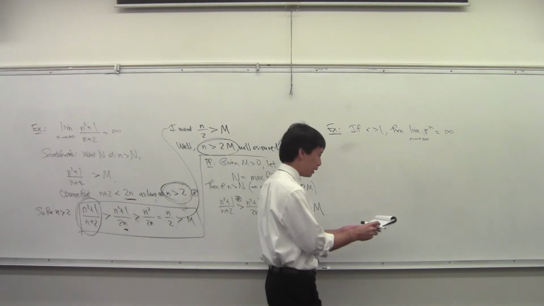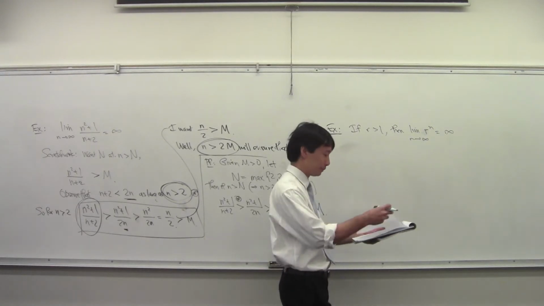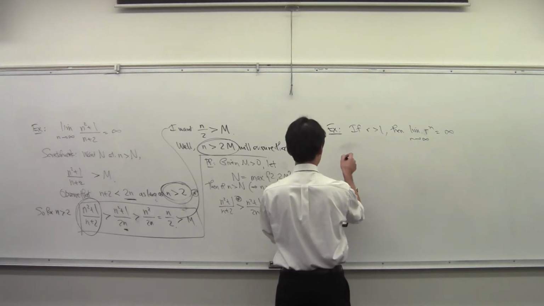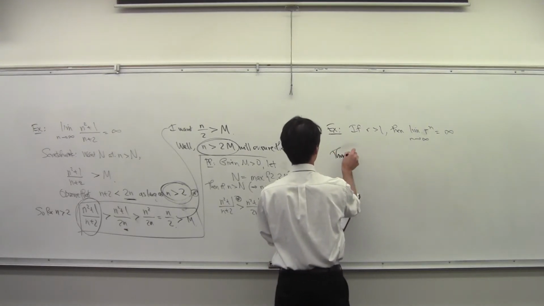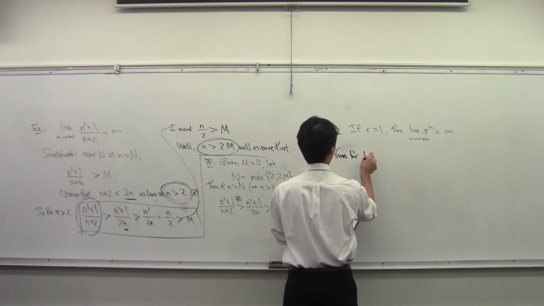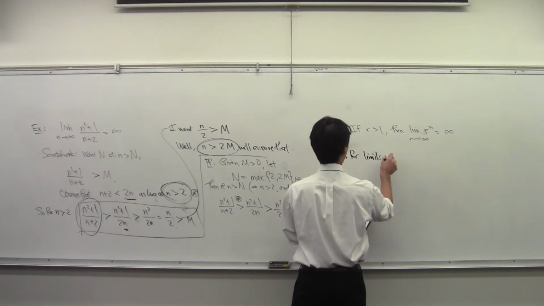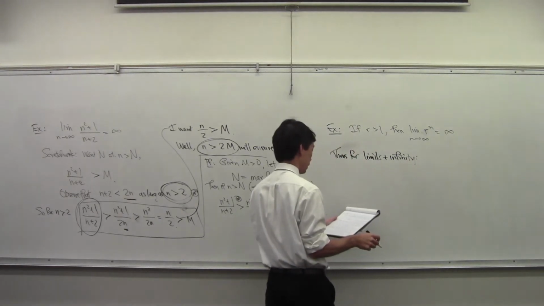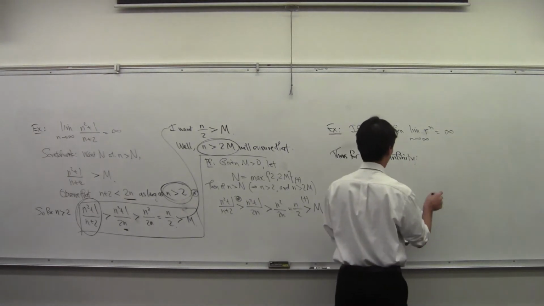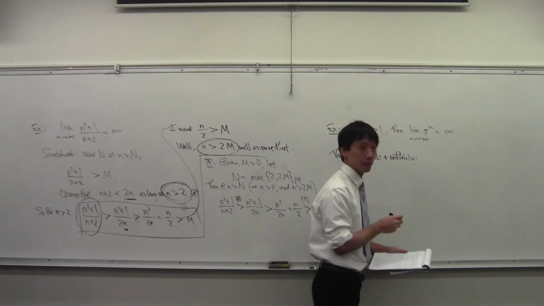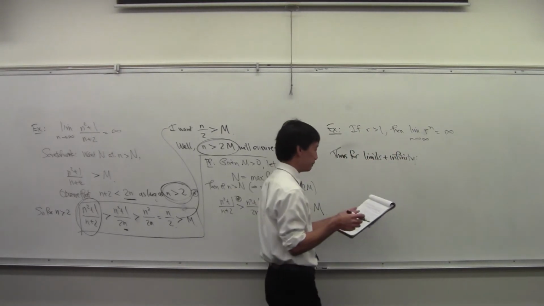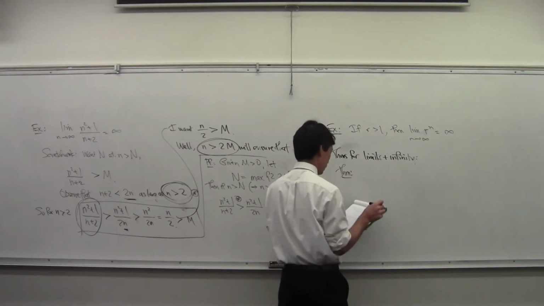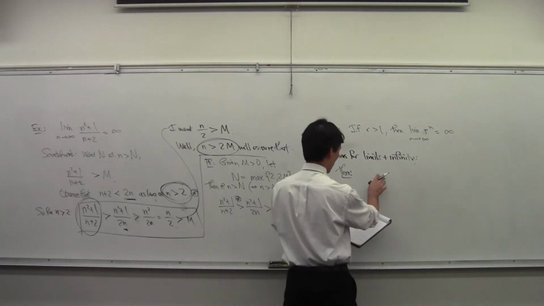Okay, so there are a couple more results in this section. First, theorems for limits and infinity. The first one is about limits and arithmetic. So what kind of limits and arithmetic theorem do we have? We have something like this.